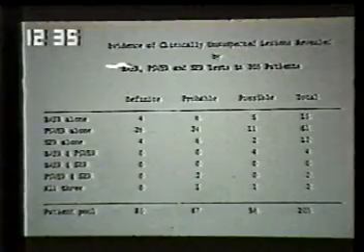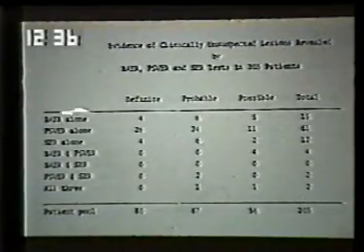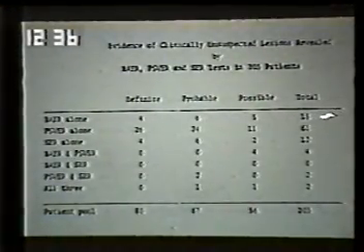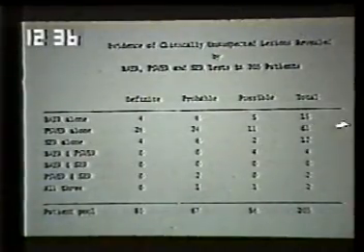And this is a table from Chiappa, a study of definite, probable, possible, and total evidence of clinically unsuspected lesion. BAEP alone made the diagnosis in 4 definite, 6 probable, 5 possible, a total of 15. While the VEP alone did it in 61.